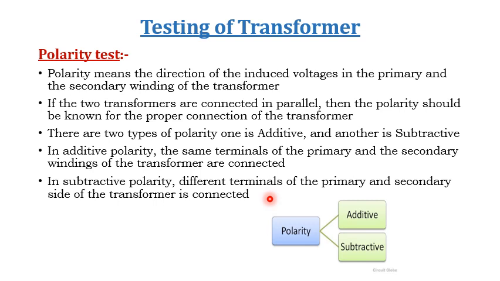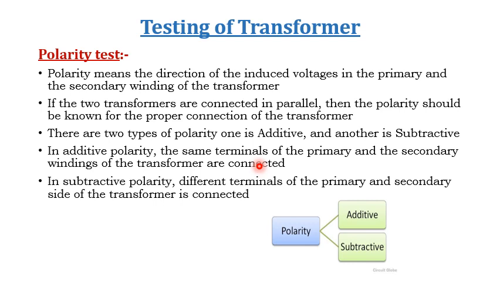The same thing applies to the secondary side of a transformer: one terminal has a positive potential, another terminal has a negative potential. So in the case of additive polarity, the same terminals of the primary and secondary windings of a transformer are connected. Same terminals means the same potential is connected.